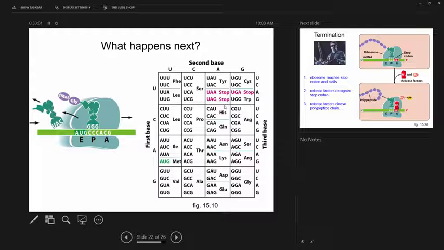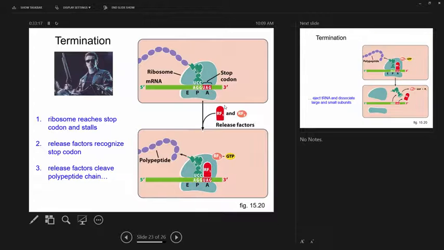So we have initiation, where everything gets set up. We've talked about elongation, where you add one amino acid to the chain over and over and over again. And just like replication and transcription, you have the 3rd step, which is termination. So your ribosome, with all of the amino acids on it, reaches the stop codon, any of the 3, UAA, UGA, UAG.